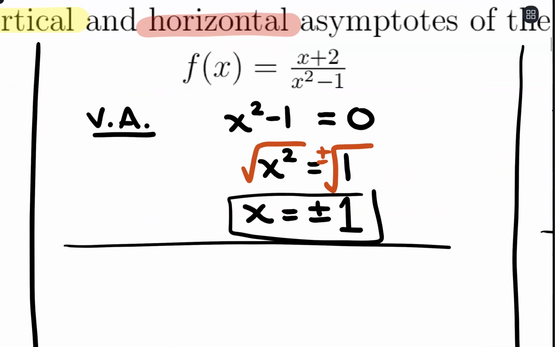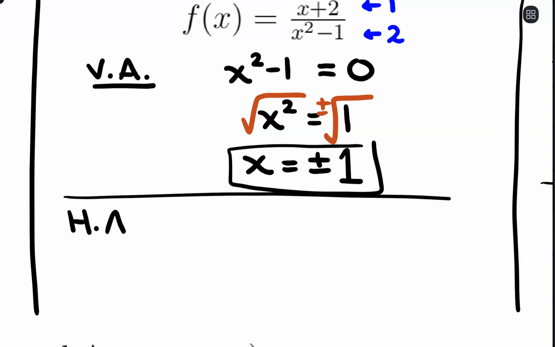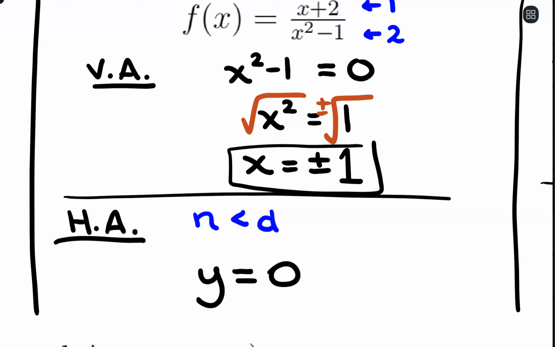All right, the second case here: we have x plus 2 in the numerator, so that has a degree of 1. In the denominator, we have x squared minus 1, so that's a degree of 2 coming from that x squared. For the horizontal asymptote, the degree in the numerator is smaller than the degree of the denominator. That's like our 1 over x case, or 1 over x squared, so our horizontal asymptote is y equals 0.